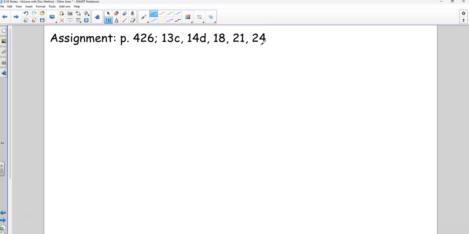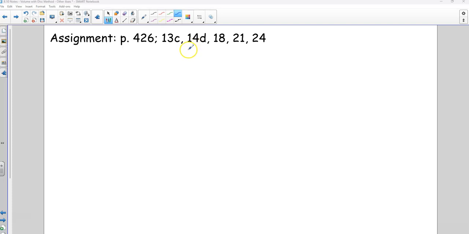I want you to do 2 of them all the way through by hand, and then for the others, you can use the calculator to help you out. The answer can let you know whether you want to attempt it without a calculator. If you see 1296 pi over 5, you want to use the calculator on that one.